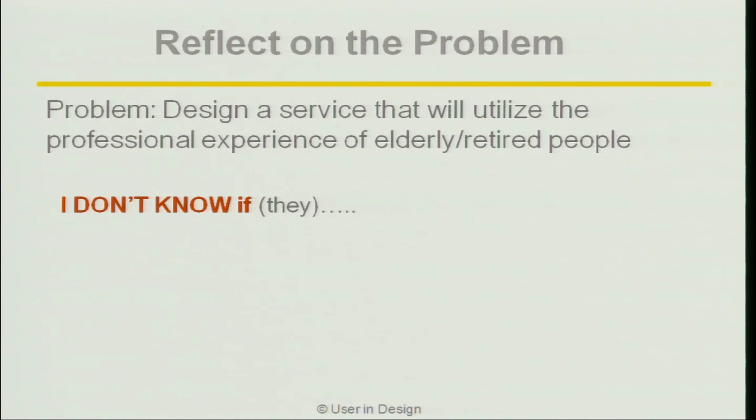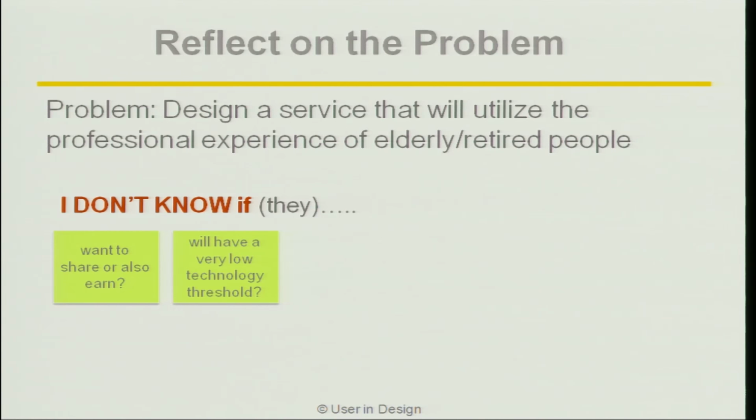And then the next thing we think about is, I wonder, or I'm not really sure, would they also want to earn, okay? This has an impact on, obviously, the definition of the business. Will they have a very low technology threshold? I don't know. Perhaps it needs to be very, very simple technology if we're thinking of a technological solution.